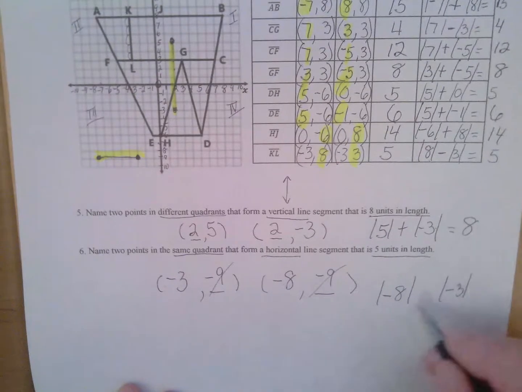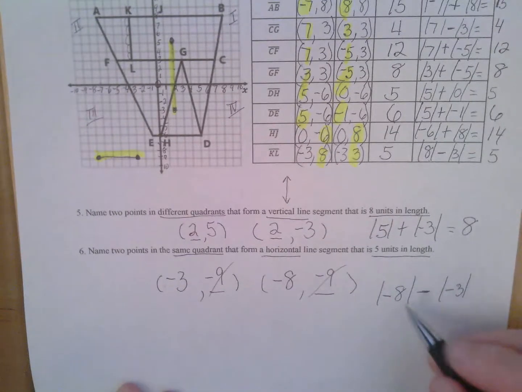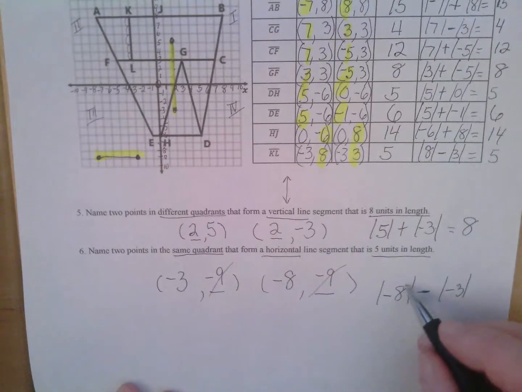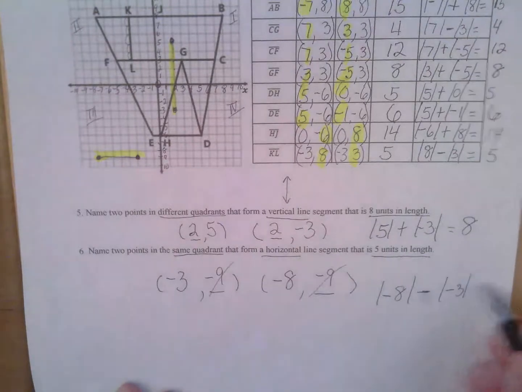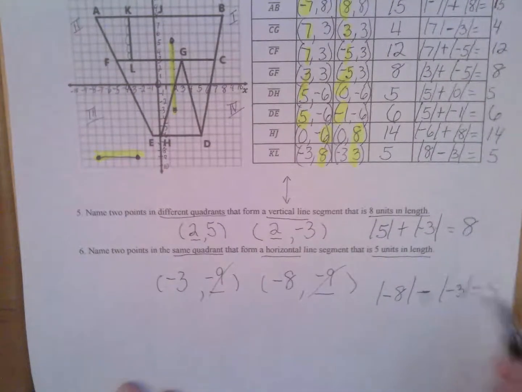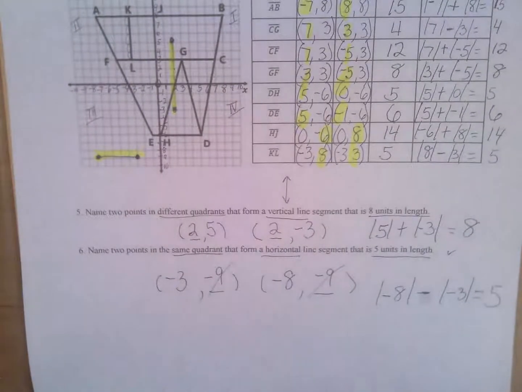Since they have the same signs, and I'm supposed to subtract, that's why I wrote 8 first, because that order matters. So -8 becomes 8 for absolute value, and -3 becomes 3. So 8 minus 3 is 5. So yes, that fulfills our second requirement. So that is how you find your endpoints, your location, using absolute value.